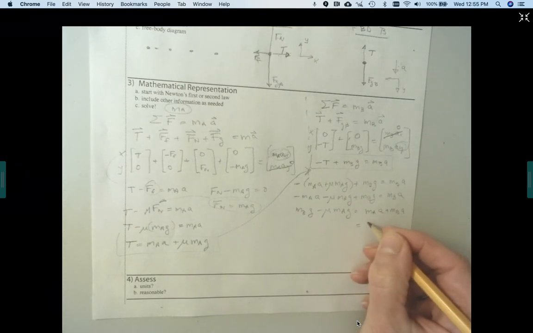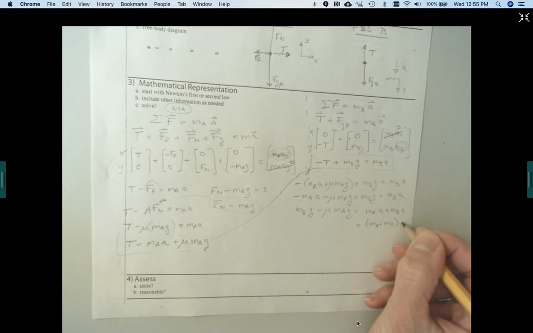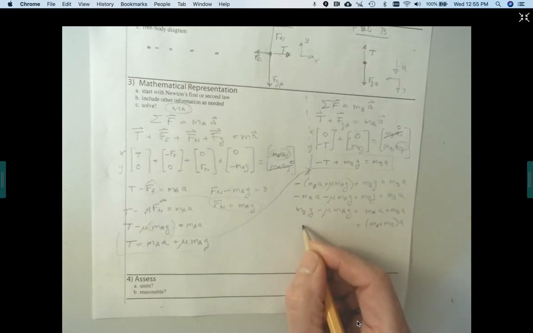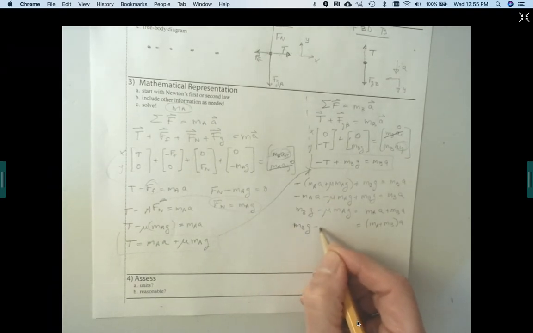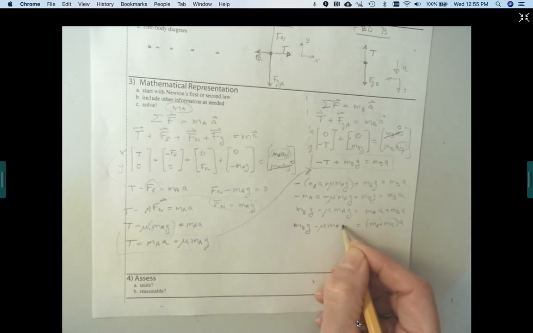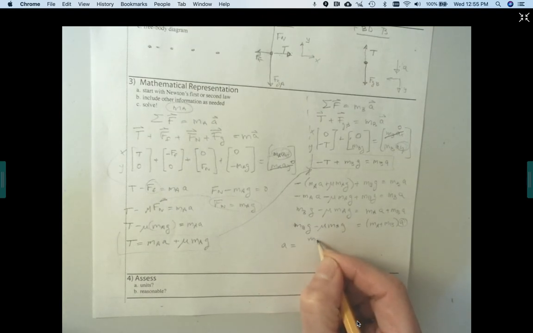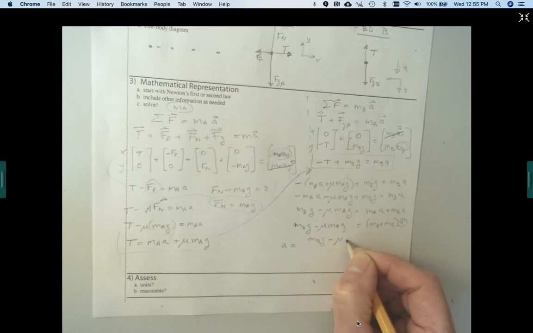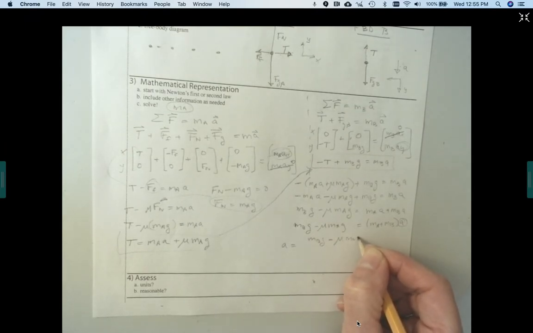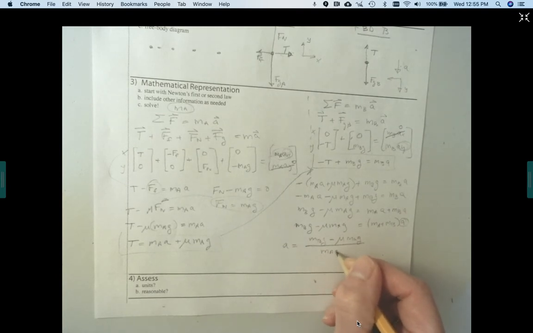And then I can factor that out to A. I can factor out a G on this side, or just leave it because I kind of like how it shows us what the forces are doing. Okay, and now let's solve for A. So we get the acceleration is the mass of B times acceleration of gravity minus mu times the mass of A times acceleration of gravity divided by the combined mass MA plus MB.